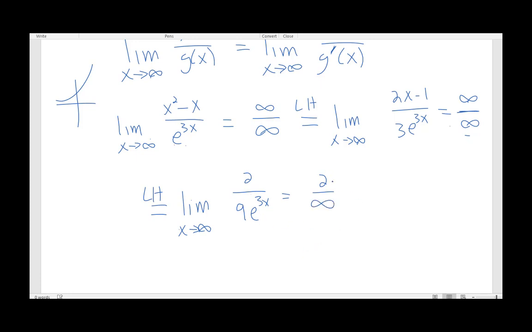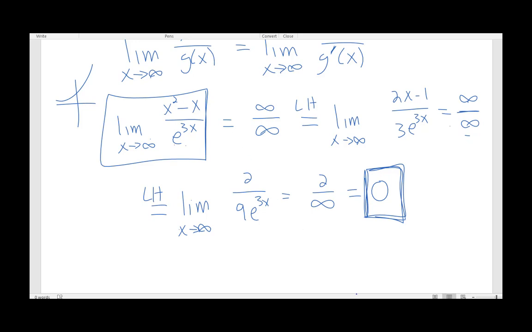So anytime I have something constant over something growing without bound, that limit goes to 0. So we find out in this scenario, x squared minus x divided by e to the 3x, this limit that we started with, goes to 0. So in the race to infinity, which one gets there faster? We find out the denominator gets there faster.